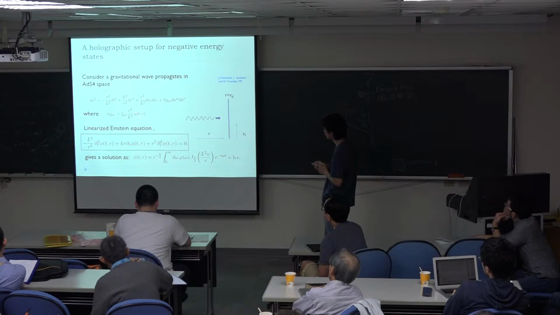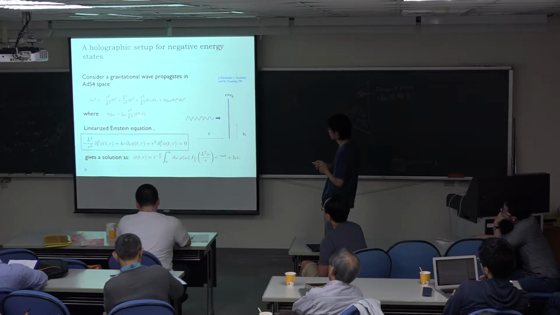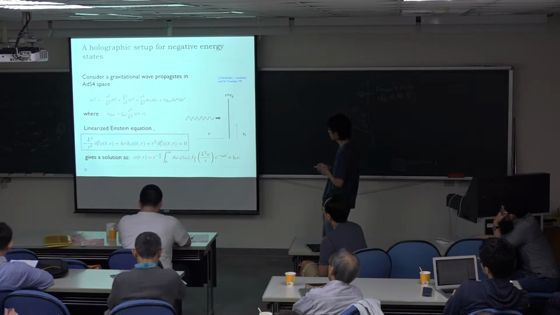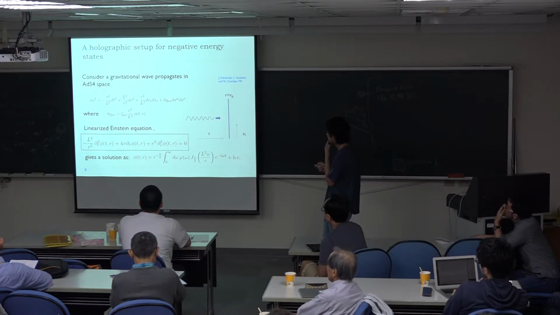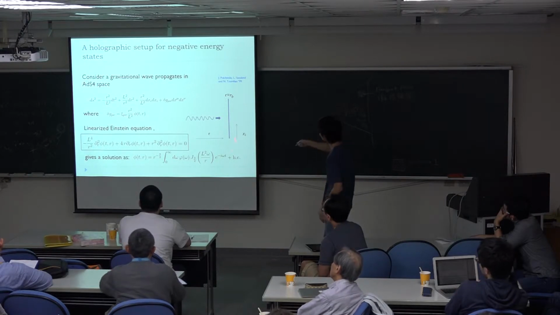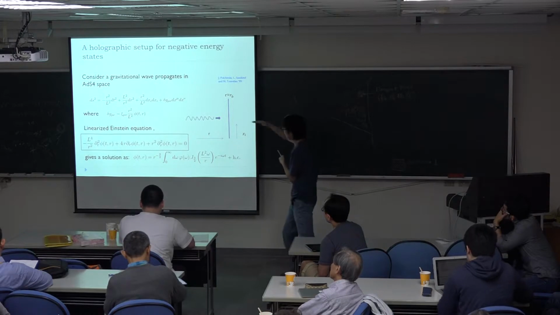In this case, you can linearize the Einstein equation and find the equation of motion for this linearized field phi. This is the equation of motion for the gravitational wave perturbation. And here we choose this tensor structure to be transverse and traceless in the boundary direction, and it is zero in the r direction.